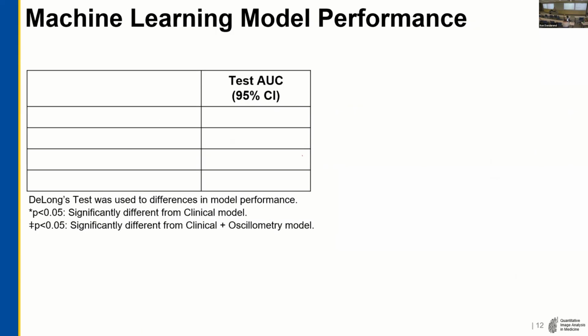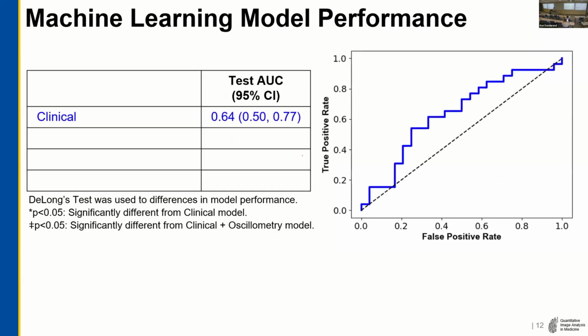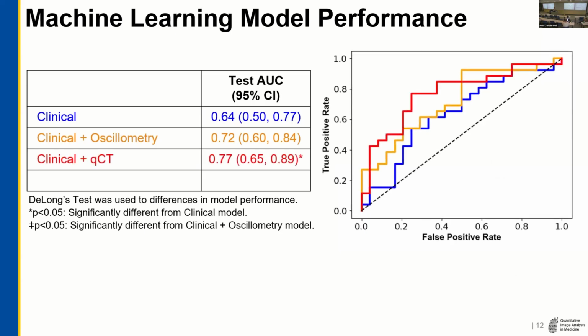Machine learning model performance. Again, these results are fairly easy to follow. Clinical performance was fairly poor, just using the clinical data, at 0.64 to discern blood status. When we added oscillometry to the clinical data, performance improved, but this difference was not significant, although performance was better. With just the clinical and QCT, performance was significantly better than the clinical data alone, at 0.77.